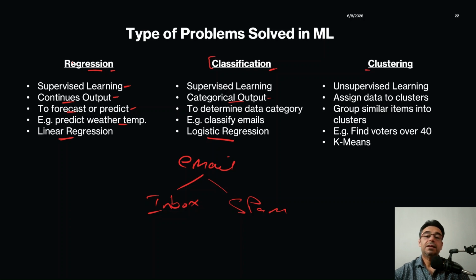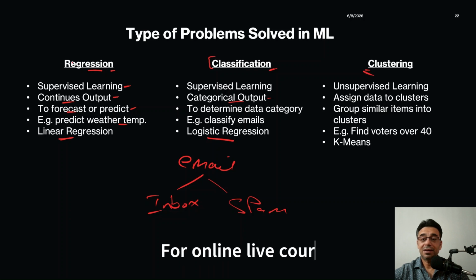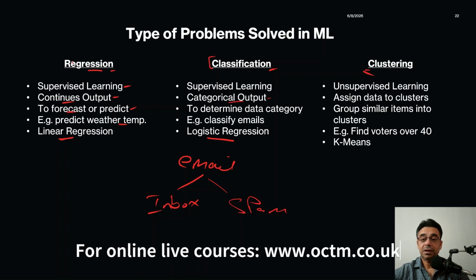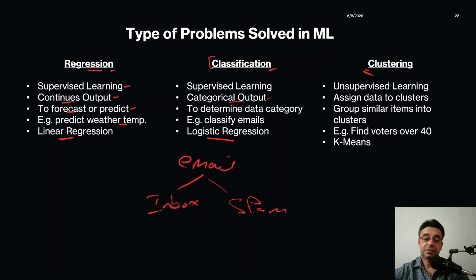Then the third type of problem that we can solve in machine learning is the clustering problem. The clustering problem means when we want to assign the data to one of the clusters. For example, we have a profile of a person, and we want to assign this new person's profile to one of the clusters.